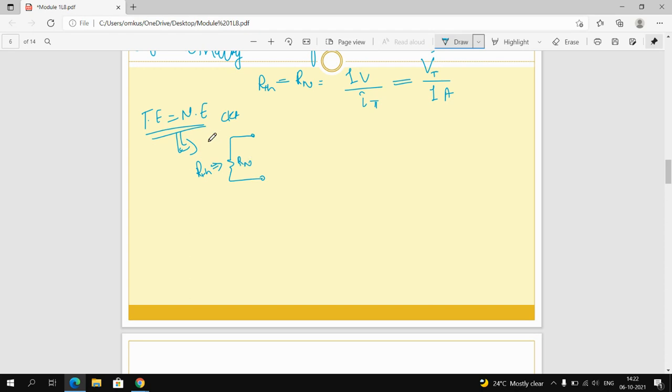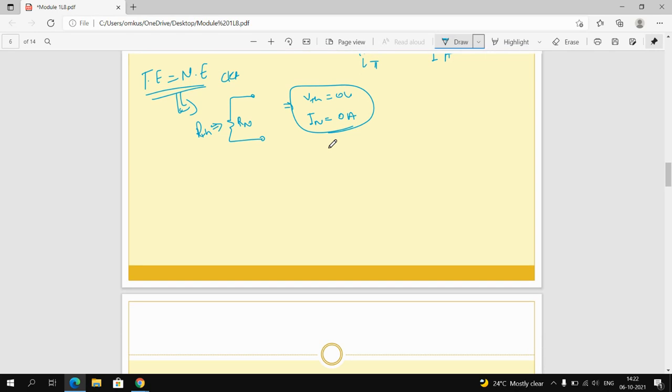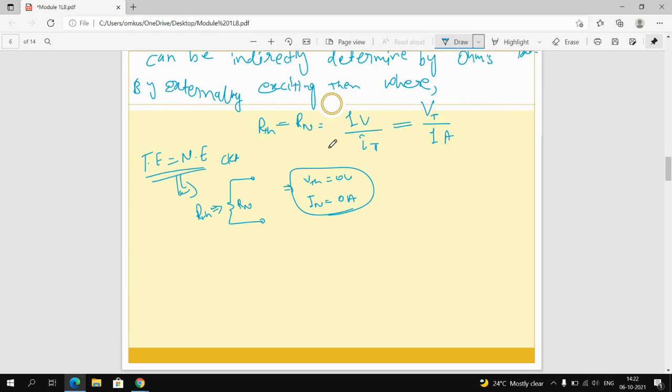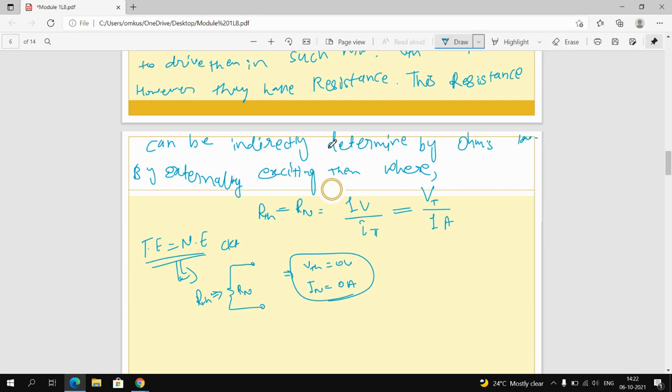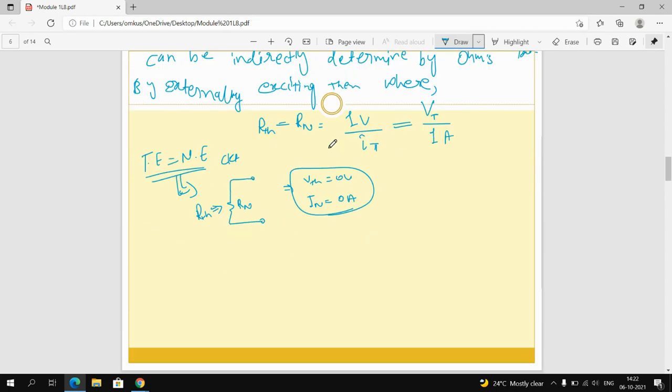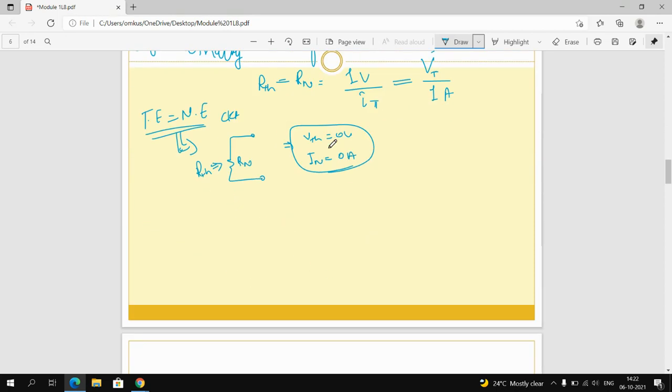Because voltage and current both are zero here. VTH equal to 0 volt, IN equal to 0 ampere. So actually this circuit does not exist, but when the circuit is used with independent sources and suddenly power is cut down, then that circuit comes into existence, and we need to find out the resistance for that circuit.